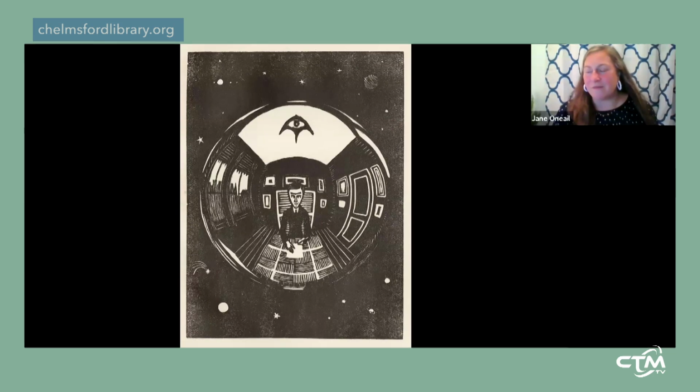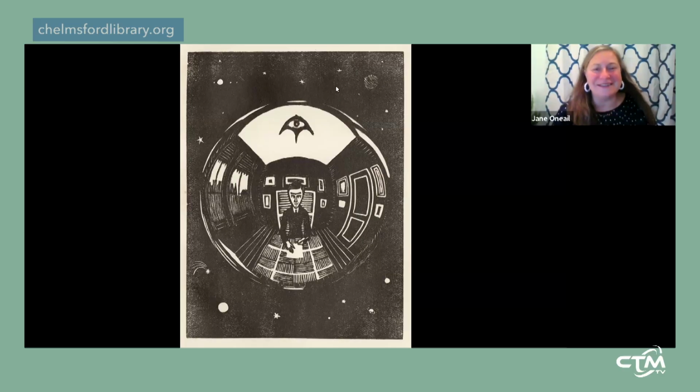We have a woodcut print here from 1921, so he's still a very young man when he created this, just about 23 years old. And in this case, he has put himself at the center of this sphere. There's nothing really distorting his likeness, which is simplified and almost cartoonish, but he is focused on the distortions of the space, the room around him.